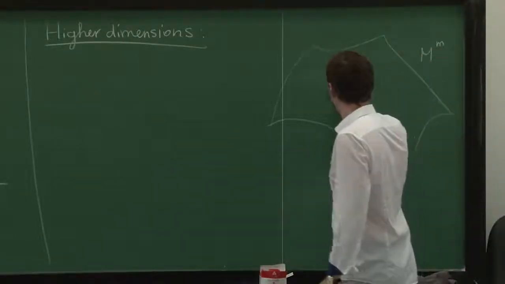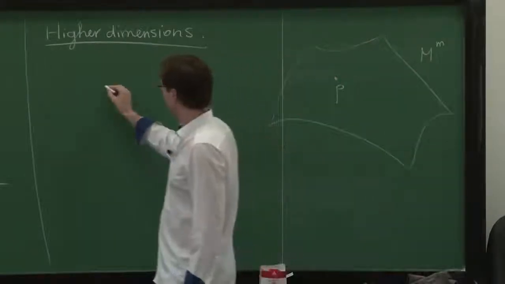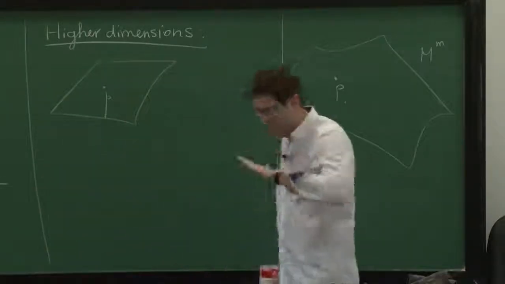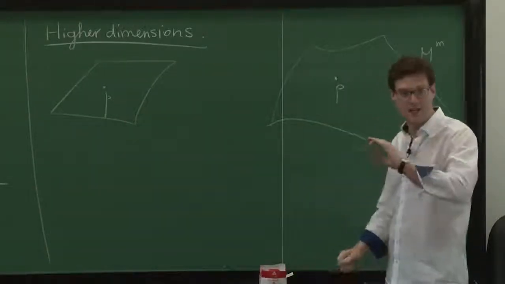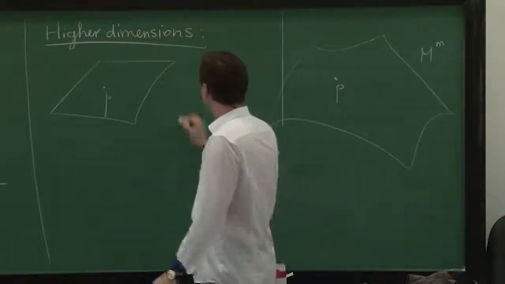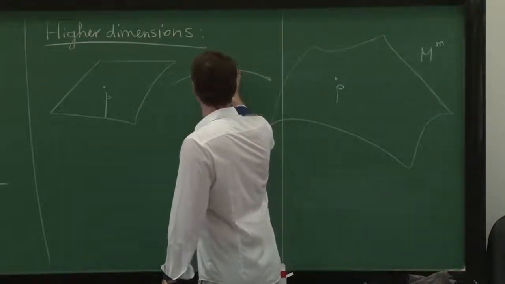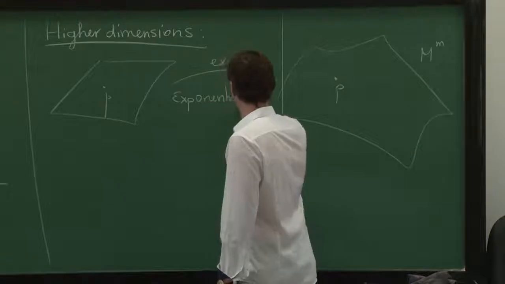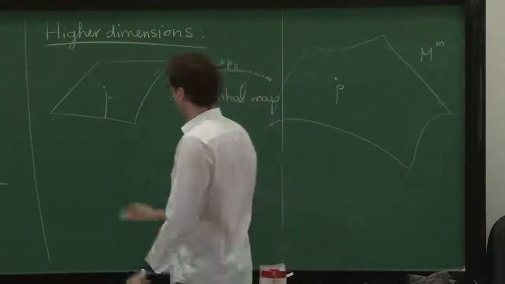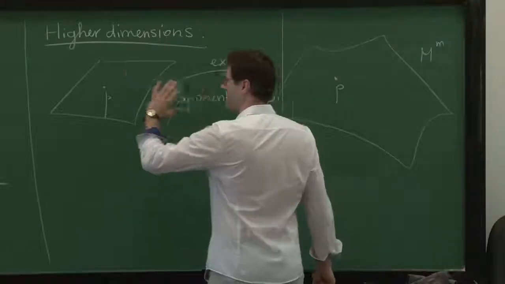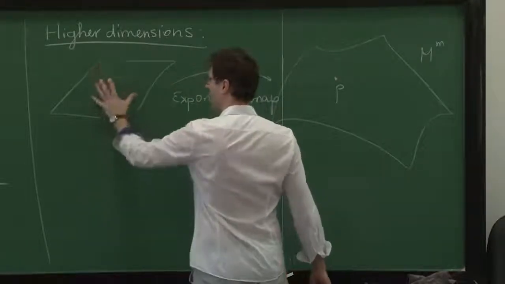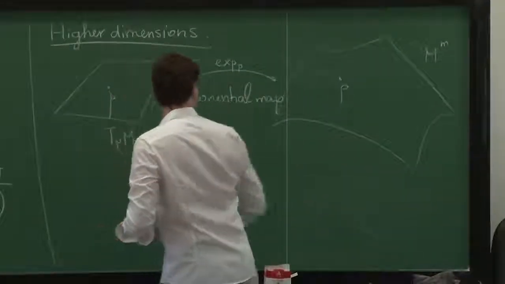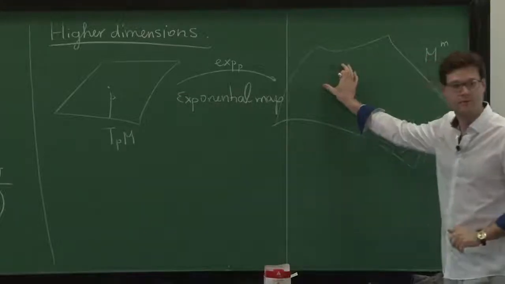And I have a point P here, and I have a tangent space at that point P. A tangent space is a kind of vector space approximating the manifold linearly at the given point P. Now, there is an exponential map that basically identifies a neighborhood of P in the tangent space, T_P M, with a neighborhood of P here, right?